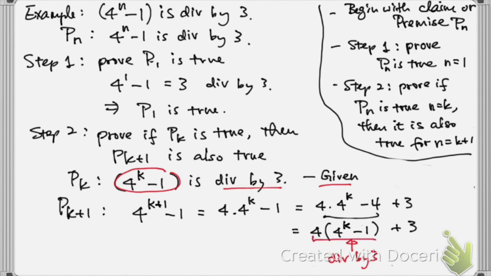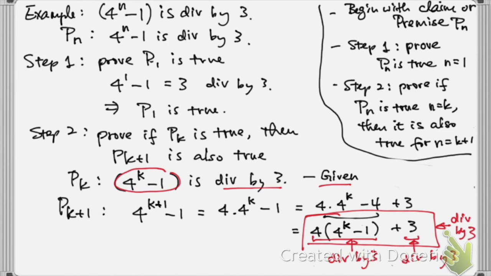So that means this whole thing is divisible by 3. 3 obviously is also divisible by 3. And when you have a sum of two quantities that are divisible by 3, that means this whole thing is also divisible by 3.